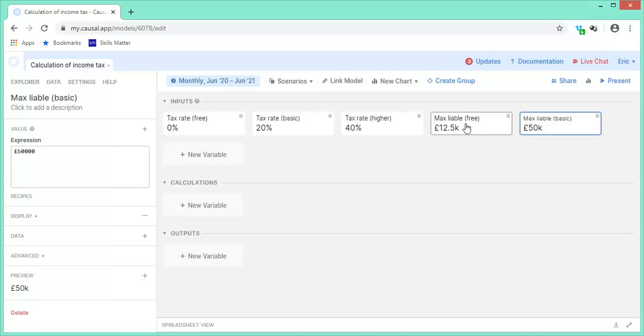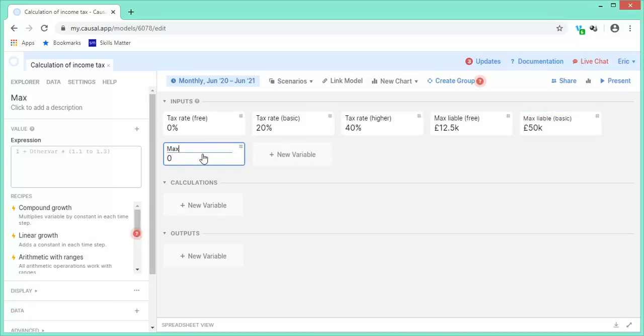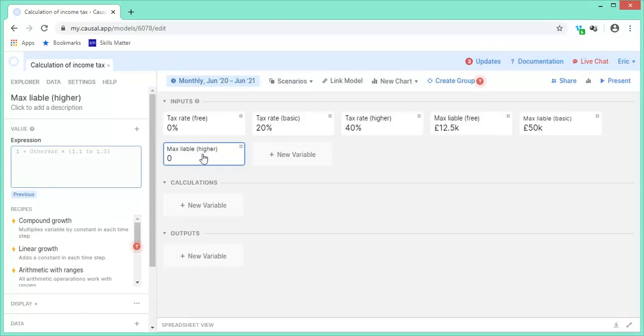And for the higher band, the maximum that will be taxed will be, well, the threshold for the higher band is 150,000.